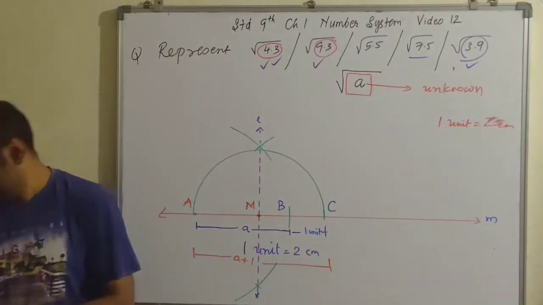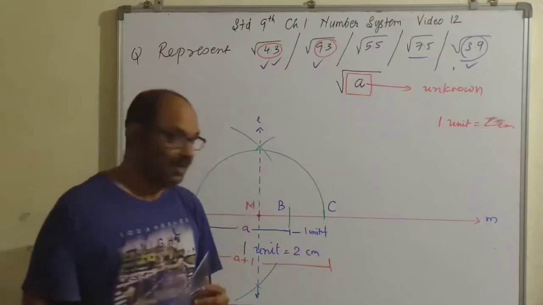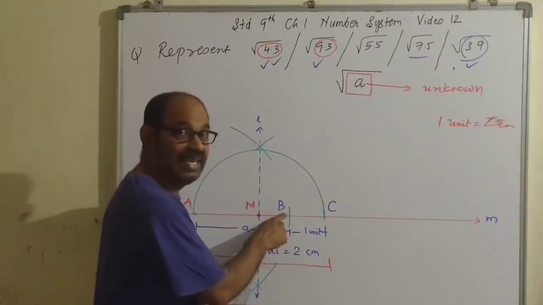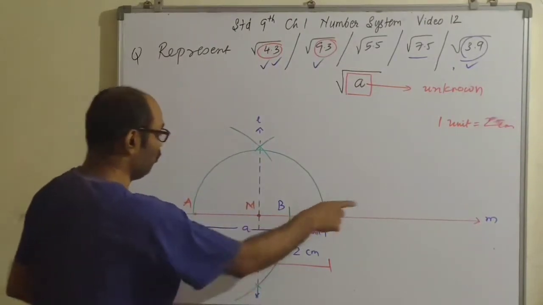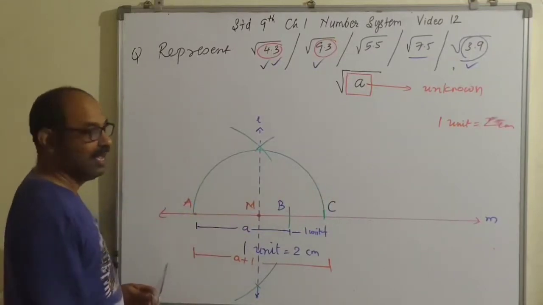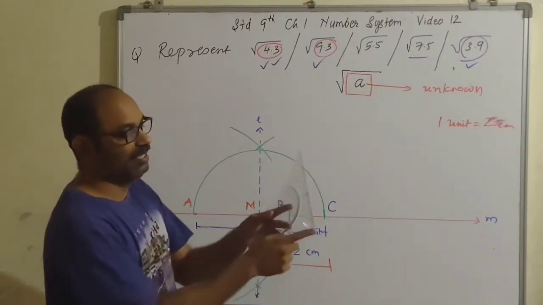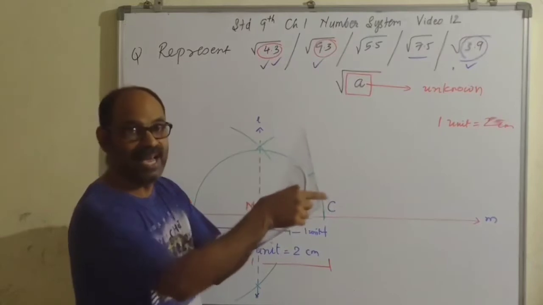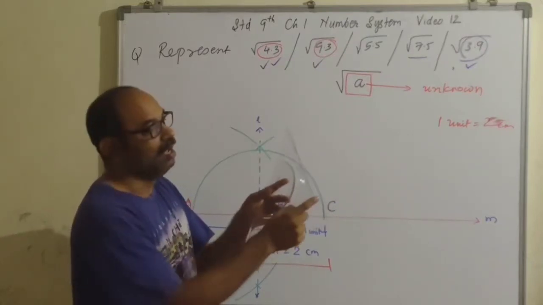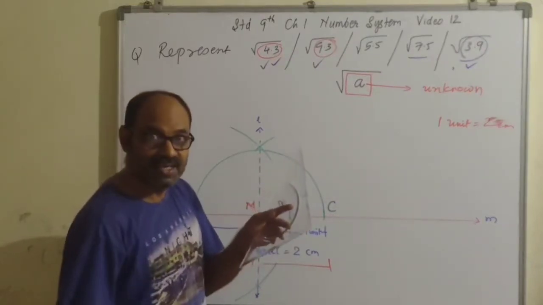Sure. Now I need a set square. All right. At point B, I'm going to draw a perpendicular to this line. Now these are the perpendicular edges of the set square. This is the vertex at which the right angle is formed.